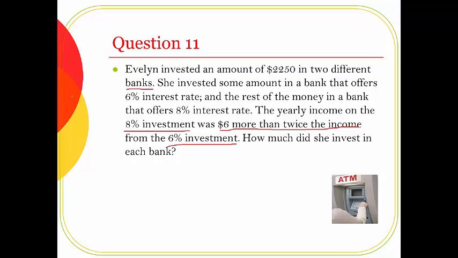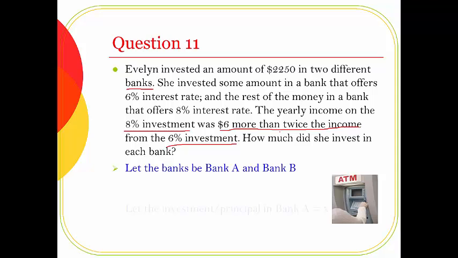We can call it Bank A and Bank B, right? Just like we did the previous question. They didn't tell us the name of the banks, so we assume it is Bank A and Bank B.